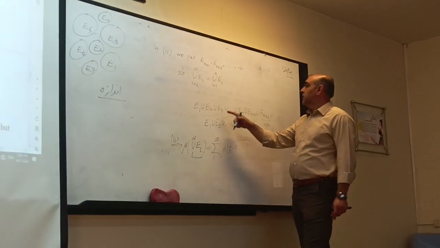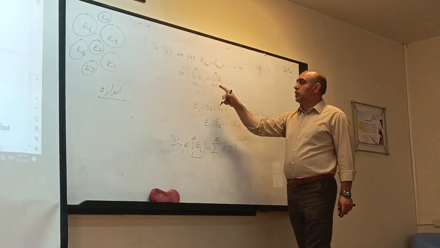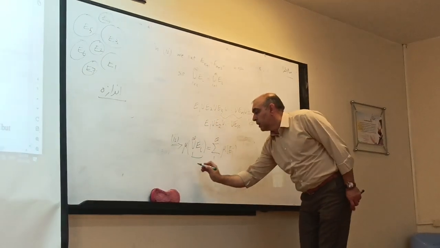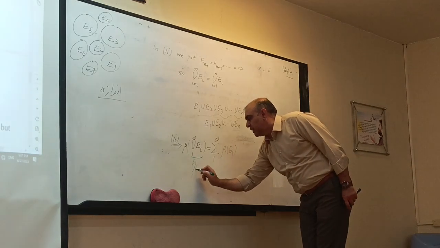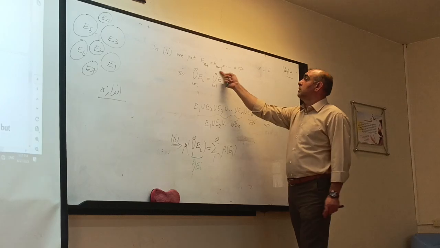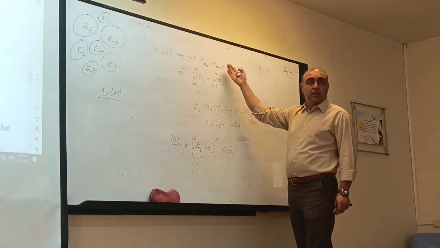We show that this union is equal to the union from 1 to n of Ei, but by this assumption.